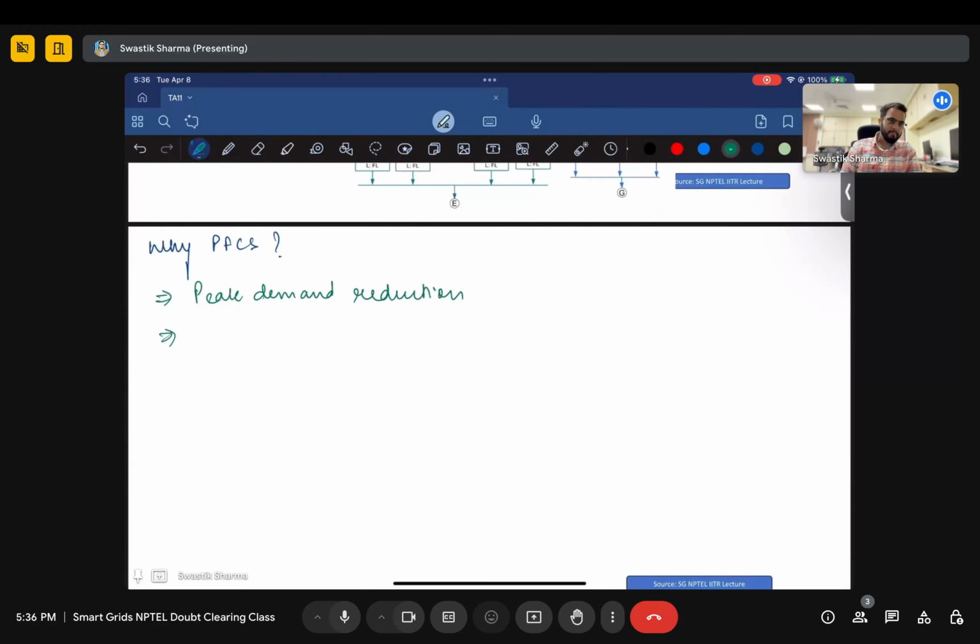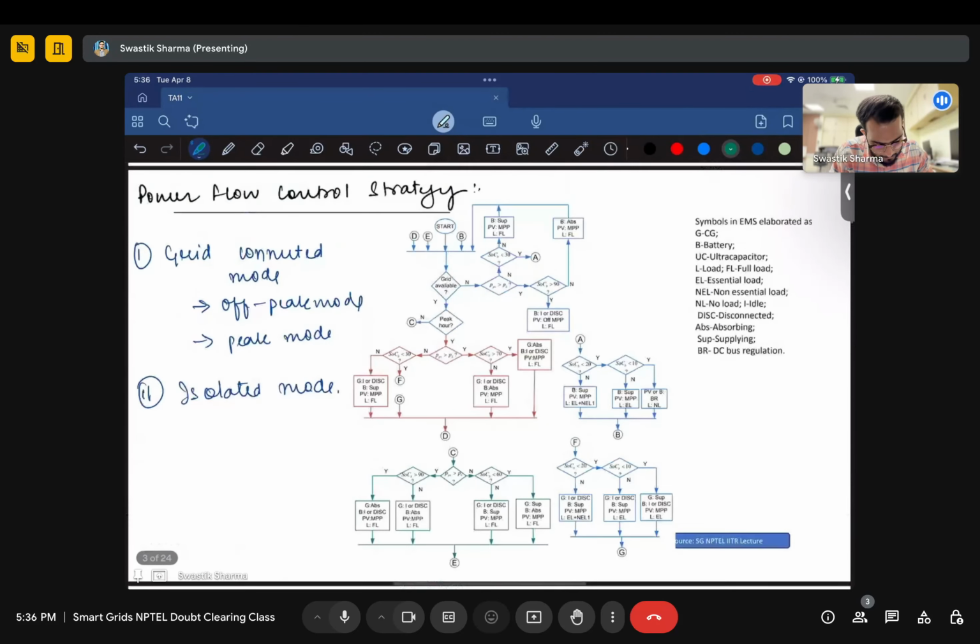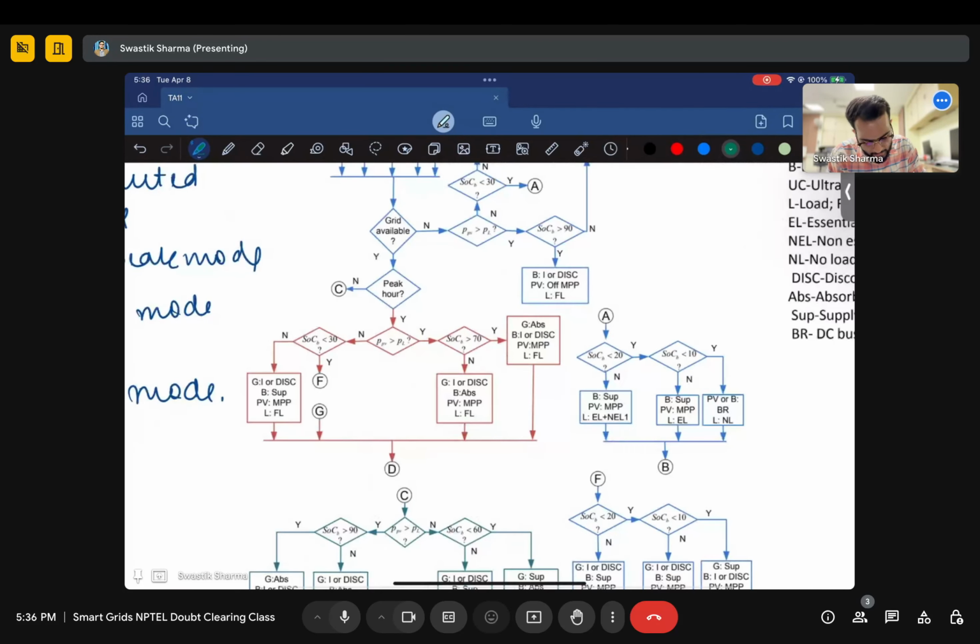If the grid is experiencing peak demand, you are able to supply that power, because the DC microgrid could at times be generating excess. So when there is peak power, you check if generation is greater than load.